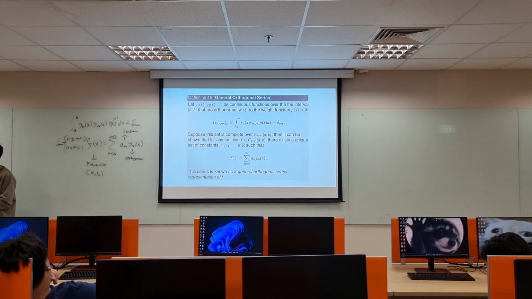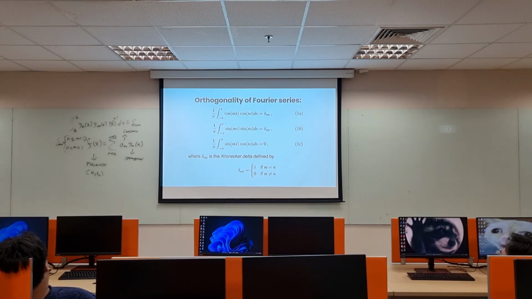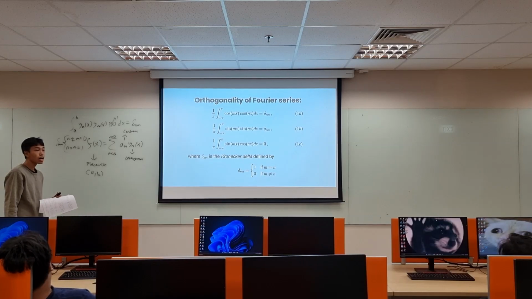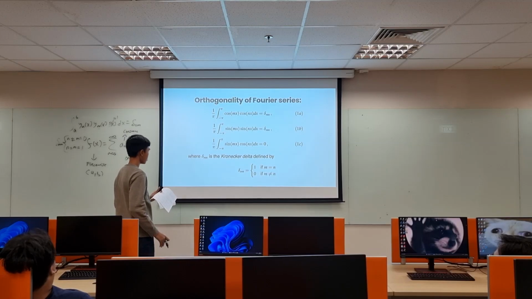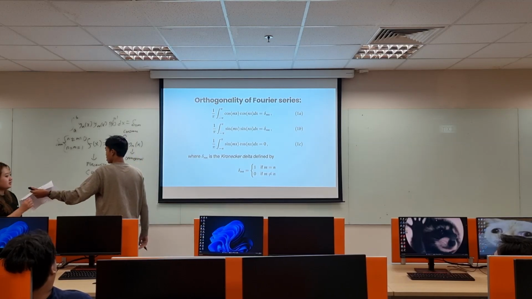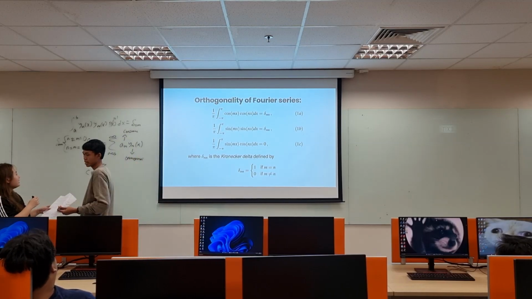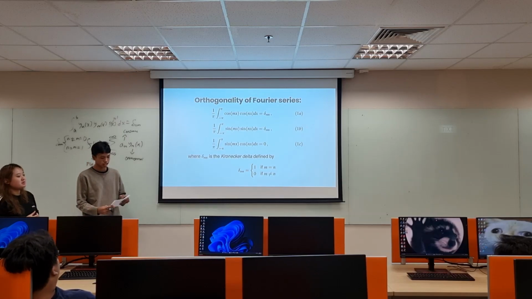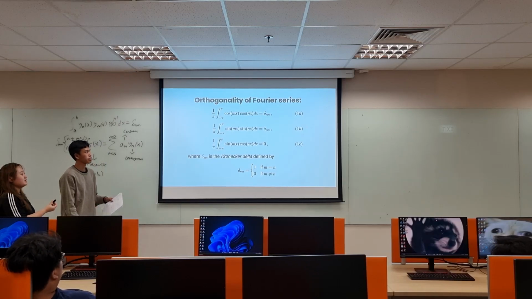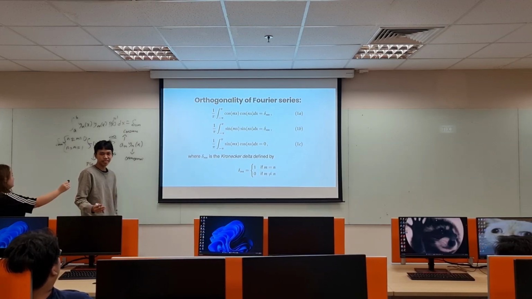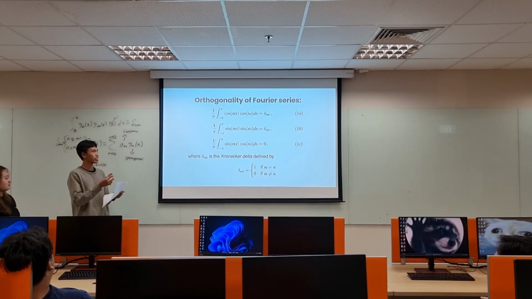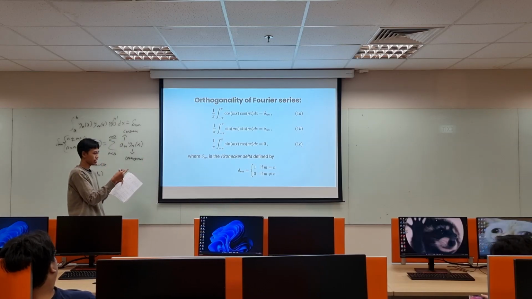The weight function p(x) is usually a positive number. It can be a number other than 1, but it needs to be more than 0. Most commonly, p(x) is 1. The example of a generalized orthogonal series is actually the Fourier series that we have learned.